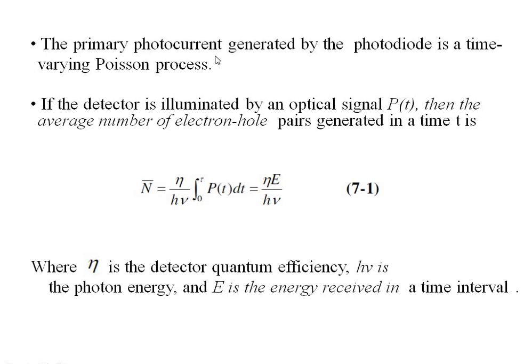The primary photocurrent that is generated by the photodiode is a time varying Poisson process.